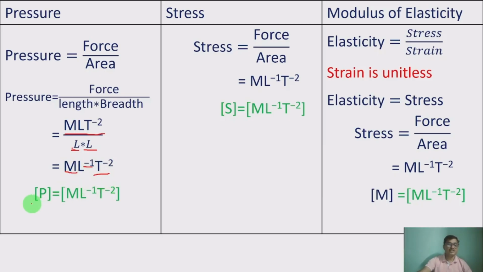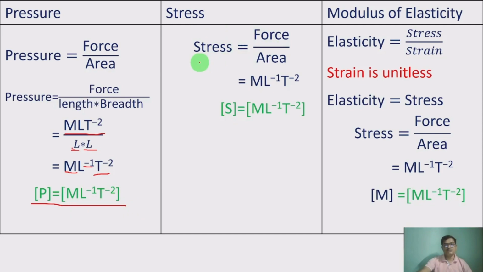The dimensional equation we can write within the square bracket P, that physical quantity, and within the square bracket M to the power 1, L to the power minus 1, T to the power minus 2. This is the dimensional equation of pressure.